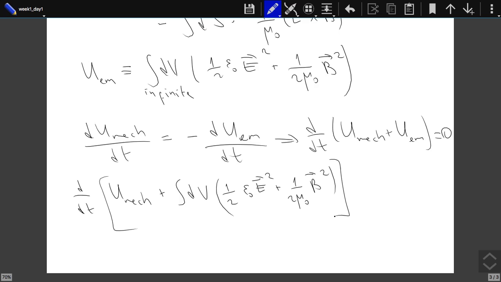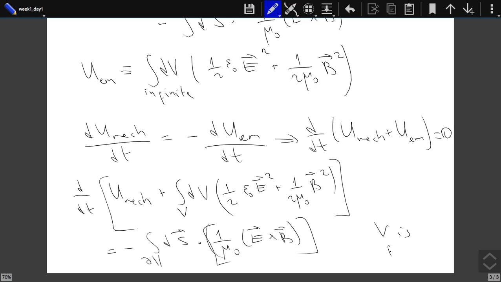This integral will be equal to minus the surface integral dS of 1 over mu 0 E cross B. So you see, my volume is finite. Let's say this is the volume, this is the boundary of V. V is finite, the volume.